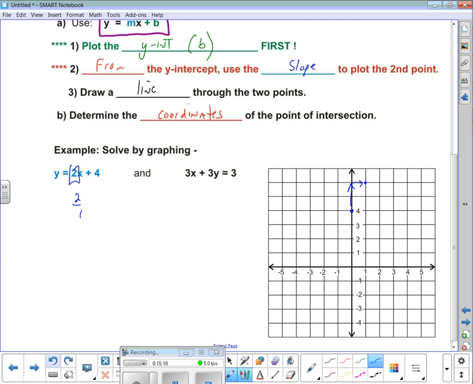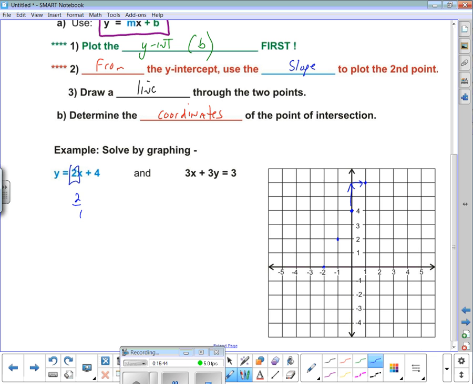Now, I will tell you this. You need to be careful and you need to be accurate. So I want to be accurate on this. So I'm going to go look right here at my y-intercept. A 2 over 1 mathematically is the same as a negative 2 over negative 1. So what I want to do is I want to go down from my point of intersection 2 and to the left 1. That'll give me another point. And I'm going to do it again.